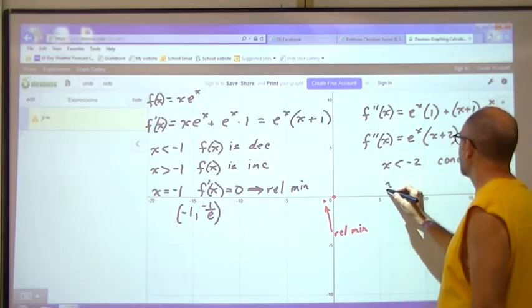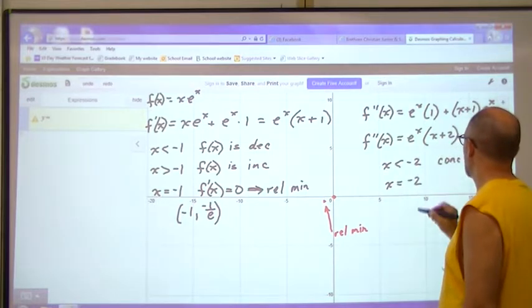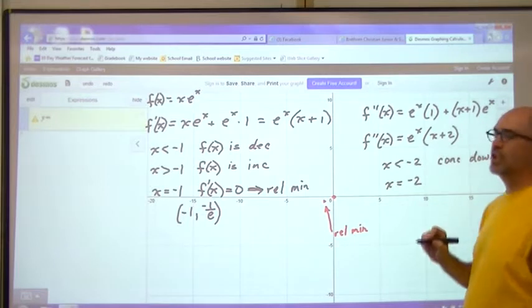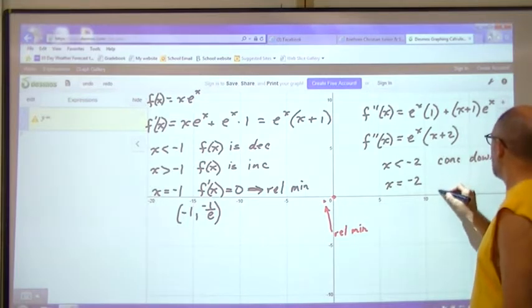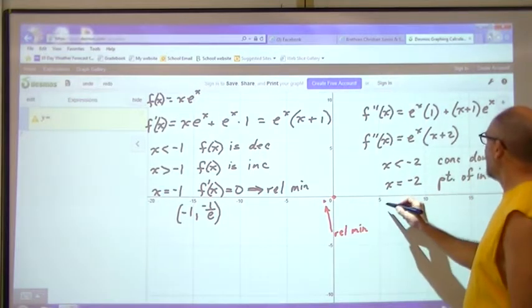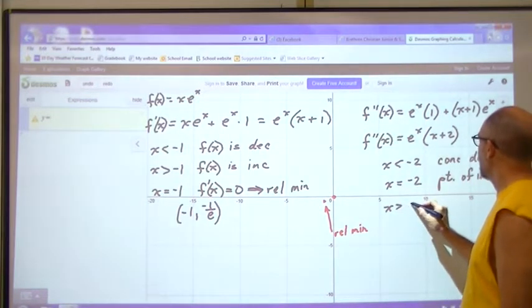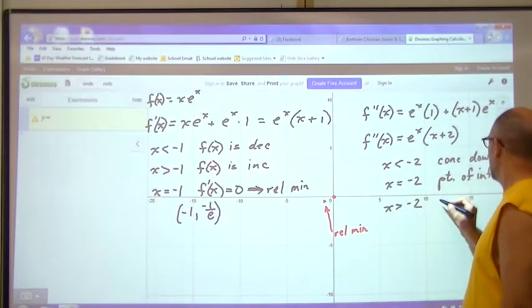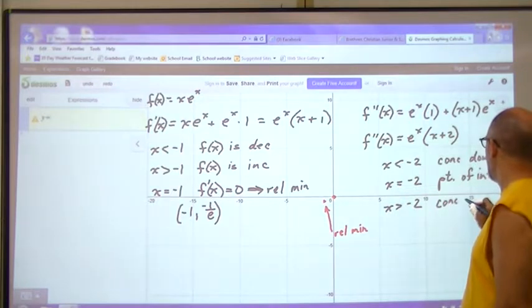At x equal negative 2, we've got a change in concavity. So that means we've got a point of inflection there. And at x greater than negative 2, we've got a positive second derivative. So that means we've got concave up.